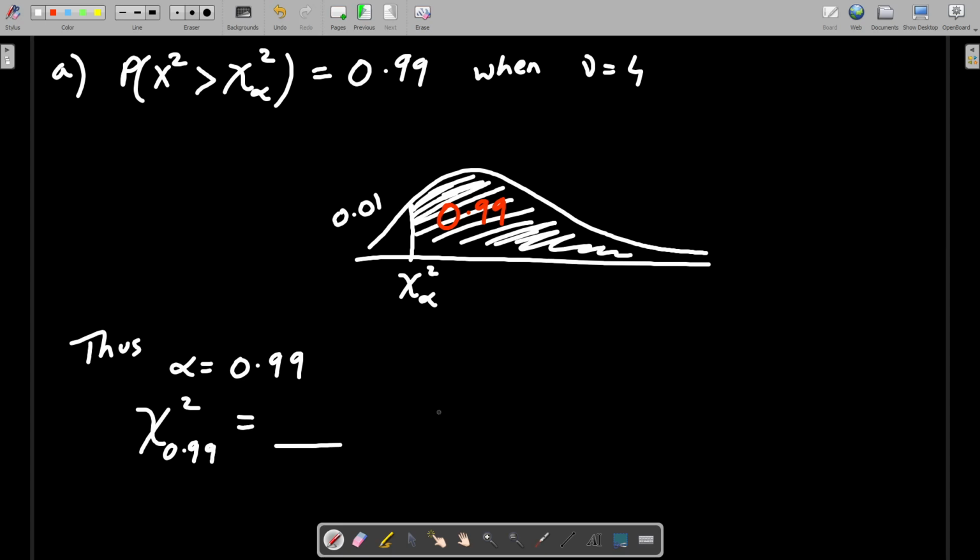What is this number for degrees of freedom equal to 4?